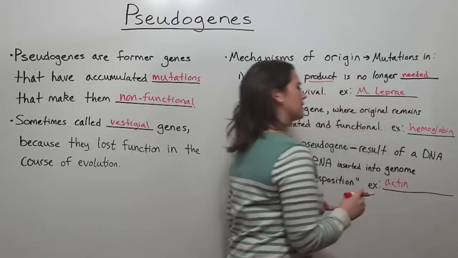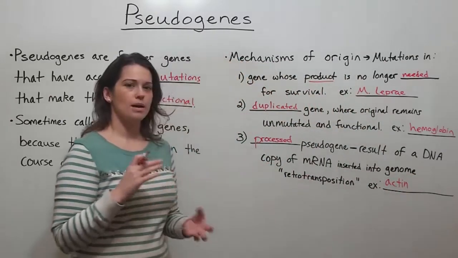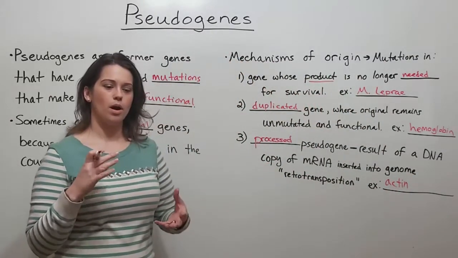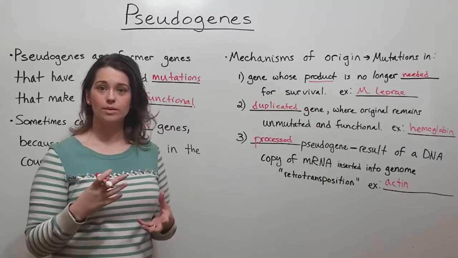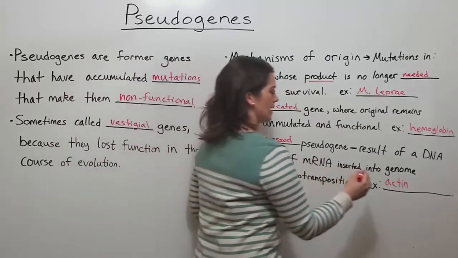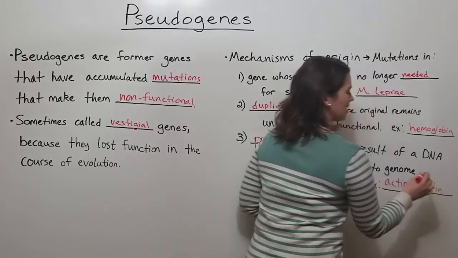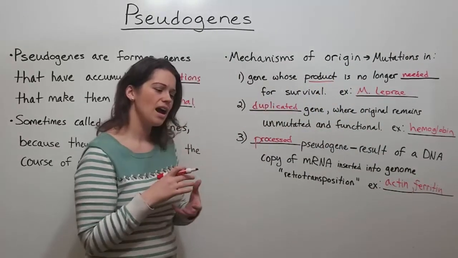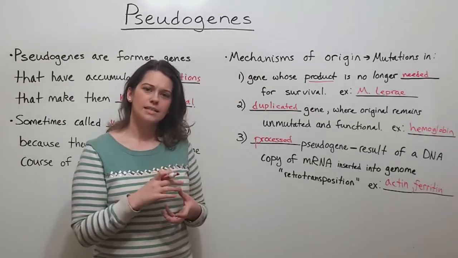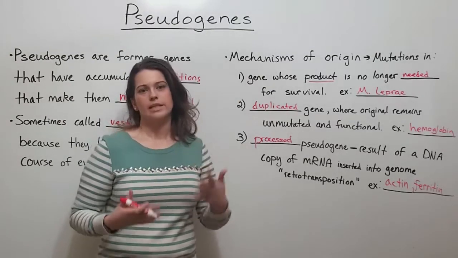Actin, remember, is a protein subunit that makes up microfilaments that are an important part of the cellular cytoskeleton. Ferritin is an iron binding protein. Ferritin binds iron to store it inside an organism so that it can be released as it's needed.